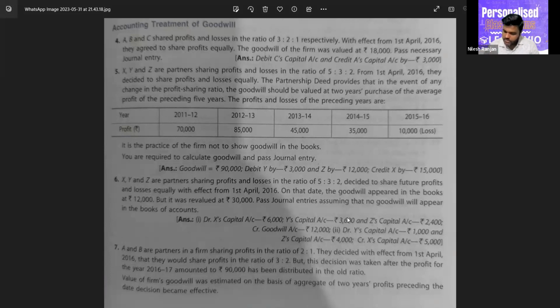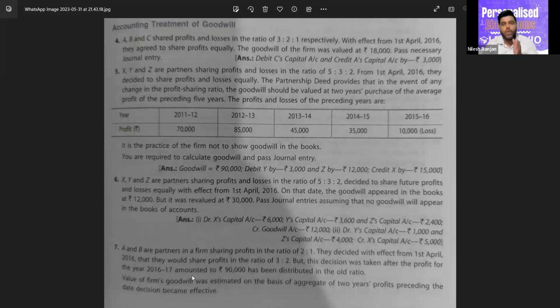Now there are two more concepts we have to study in this chapter. The first is accumulated profit, loss, or general reserve treatment. We will discuss this in our next class. The second topic is revaluation.